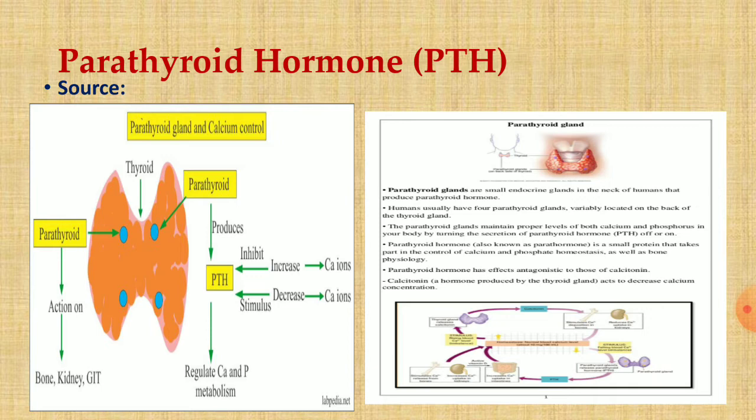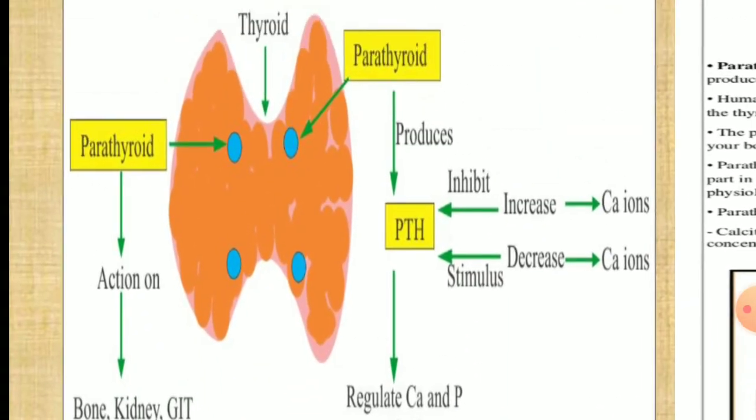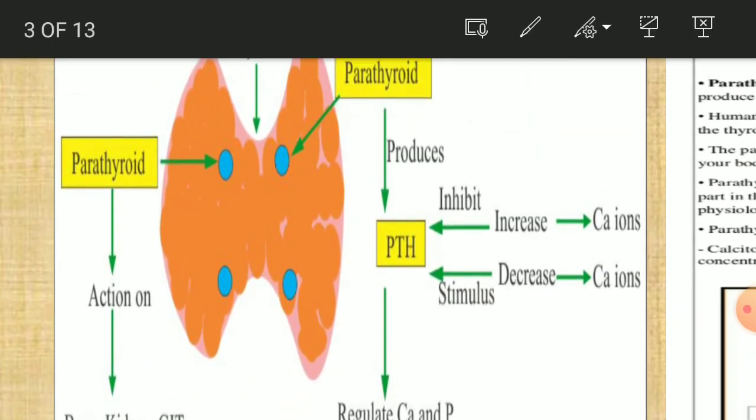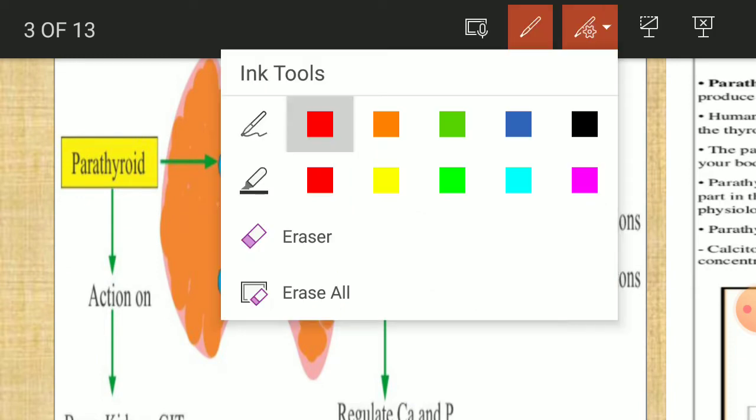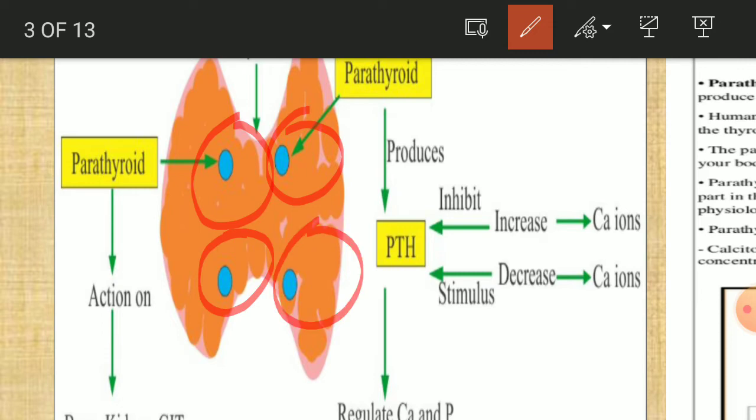As I have mentioned, we will learn about different aspects of this hormone. So first is source of this hormone, from where it is secreted. As in the diagram we are seeing that there are 4 small parathyroid glands present in our body which are situated at the posterior aspects of the thyroid gland in front of the neck.